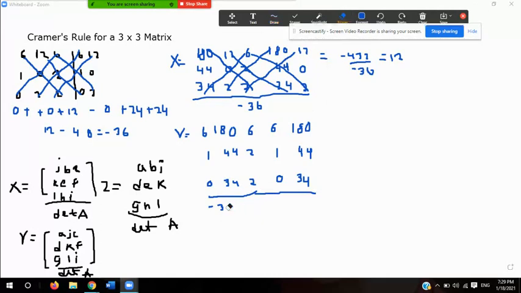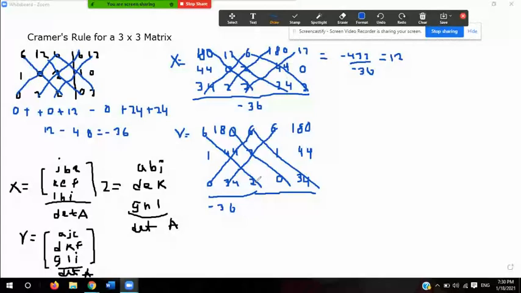So let me write that a little bit better. 36. So the same rules apply, ladies and gentlemen. So we multiply 6, 44, and 2, 180, 2 and 0, 6, 1, and 34, and then 34 and 1 and 6. And we skipped one, so 0, 44, and 6. I'm sorry, 34 times 2 times 6, and then lastly 2 times 1 times 180.